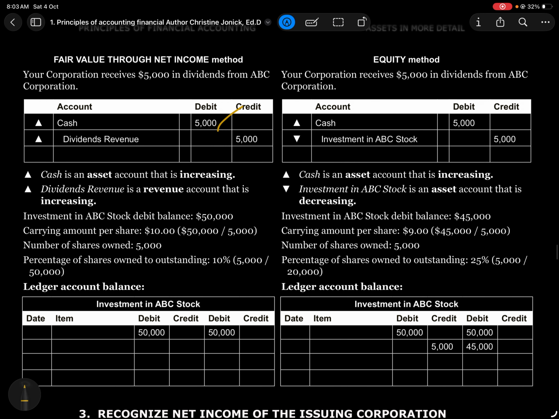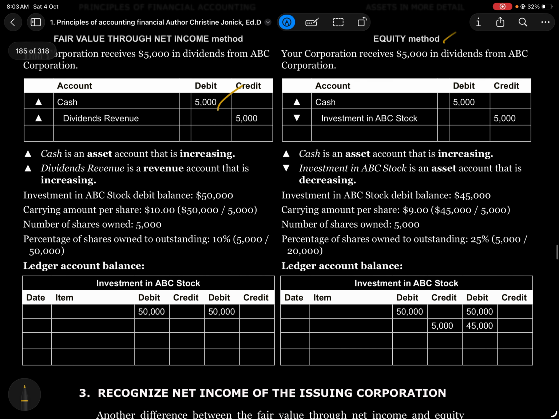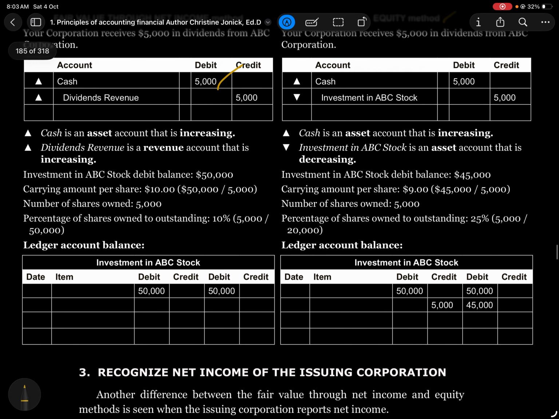But in the equity method, dividends are paid based on your number of stock.